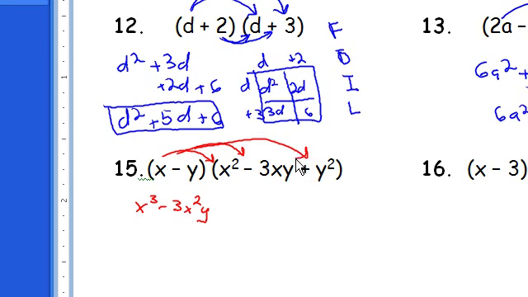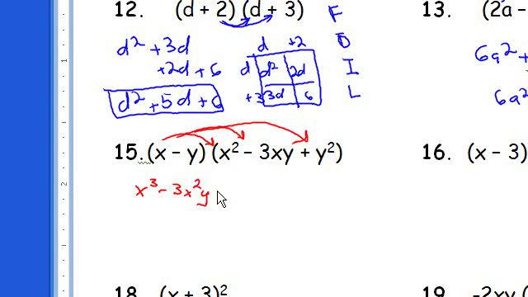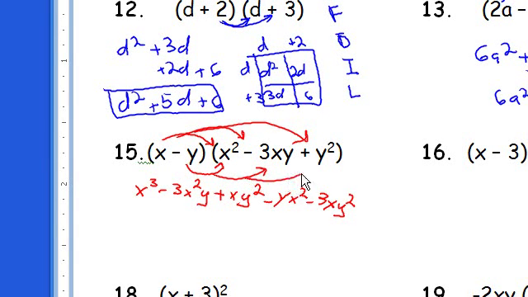X times y squared is positive xy squared. Negative y times x squared is negative yx squared. Negative y times negative 3xy is negative 3xy squared. And finally, negative y times y squared is negative y cubed.